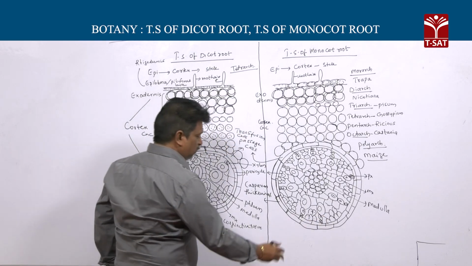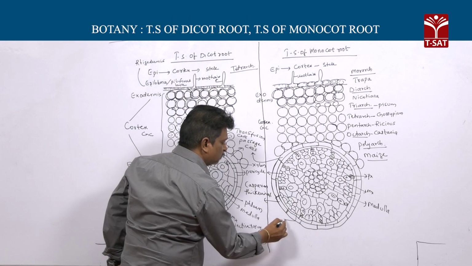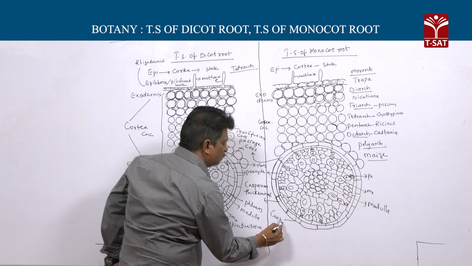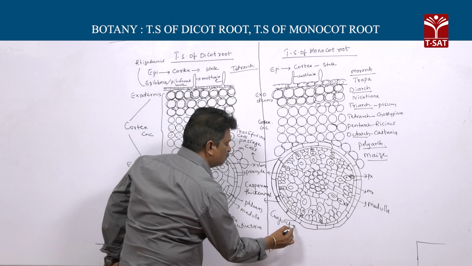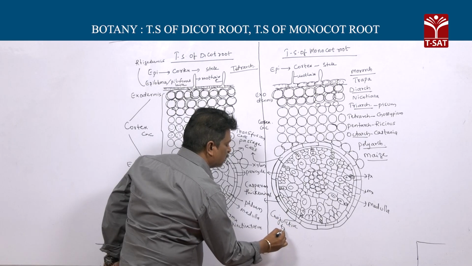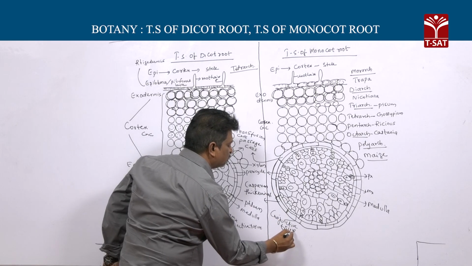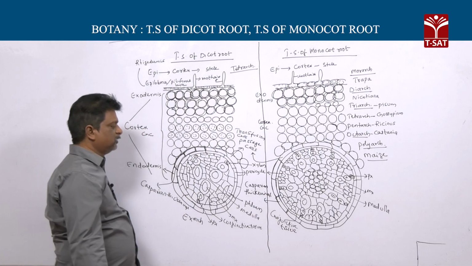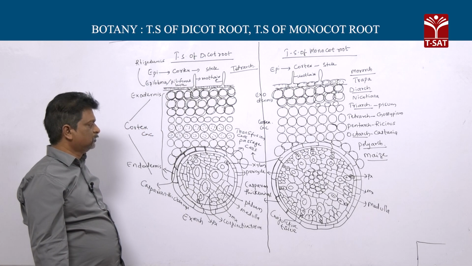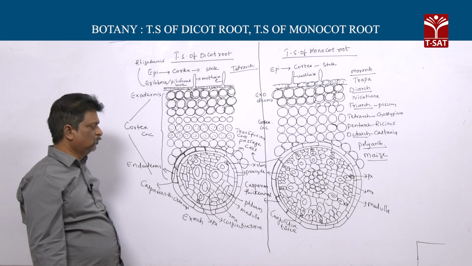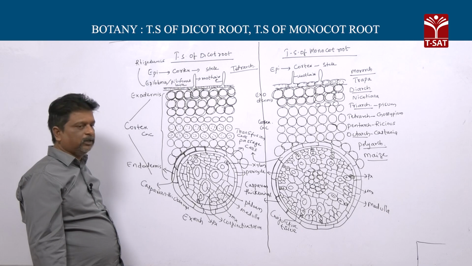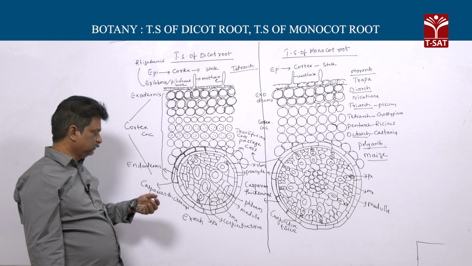In old monocot root, conjunctive tissue is sclerenchymatous. So it provides only mechanical support.